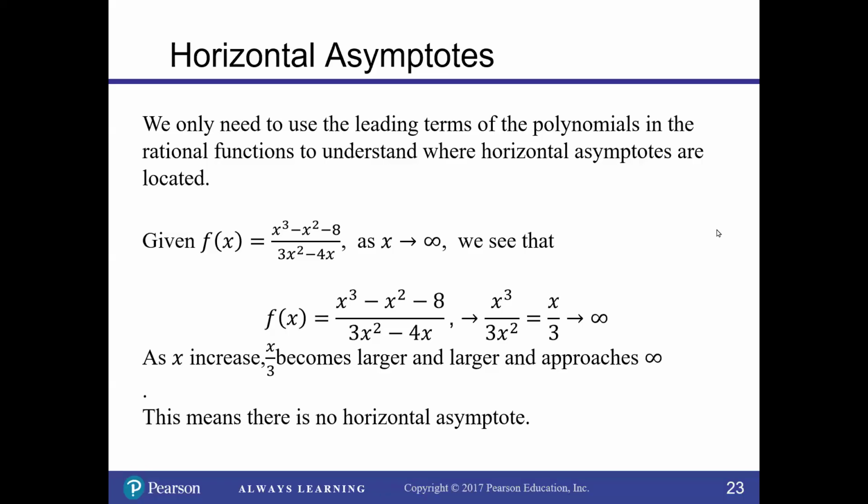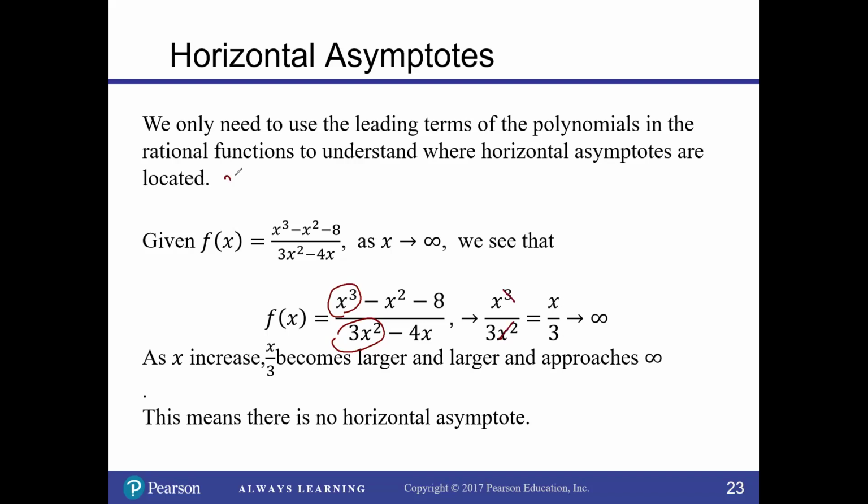And so for our last one, we have a higher degree on top than on bottom. Once again, if I'm heading towards infinity, these two terms are taking over on the top and bottom. So as I head towards infinity, I end up with x cubed over 3x squared is what I'm approaching. If I simplify that, I'm left with an x on top and a 3 on bottom.